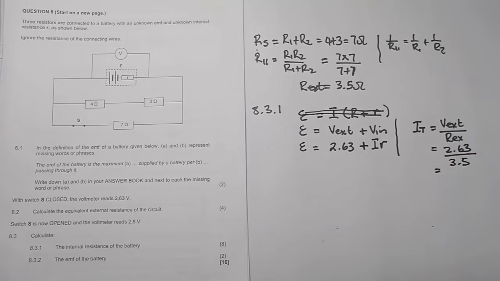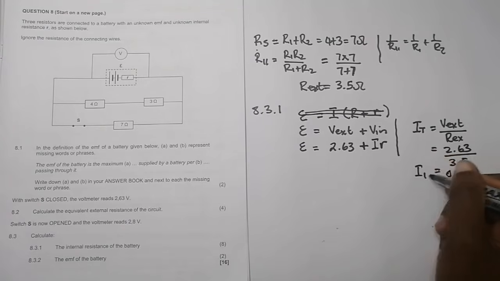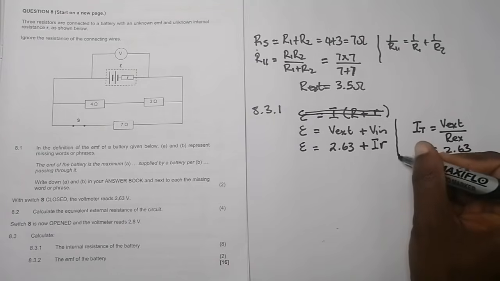So let's find that current there. That's 2.63 divided by 3.5, and I get a value of 0.75 amperes of current. That's my total current over there.